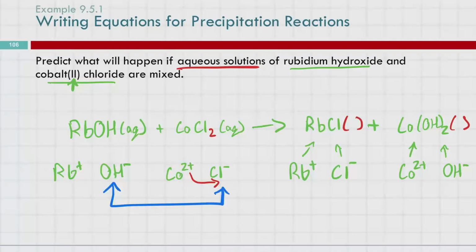This is aqueous. It's soluble. Our rubidium would also count as soluble because that's a group 1 metal. Those are also soluble. So we have to look at our other chemical, Co(OH)2.